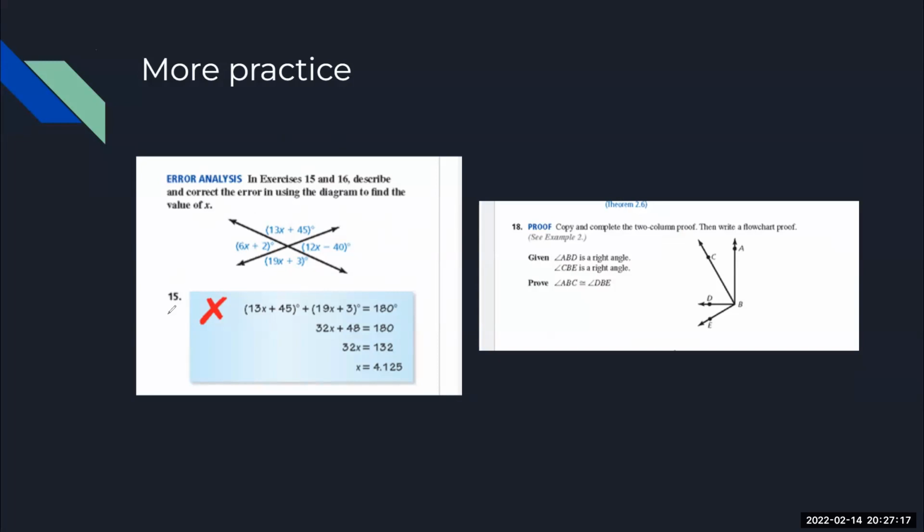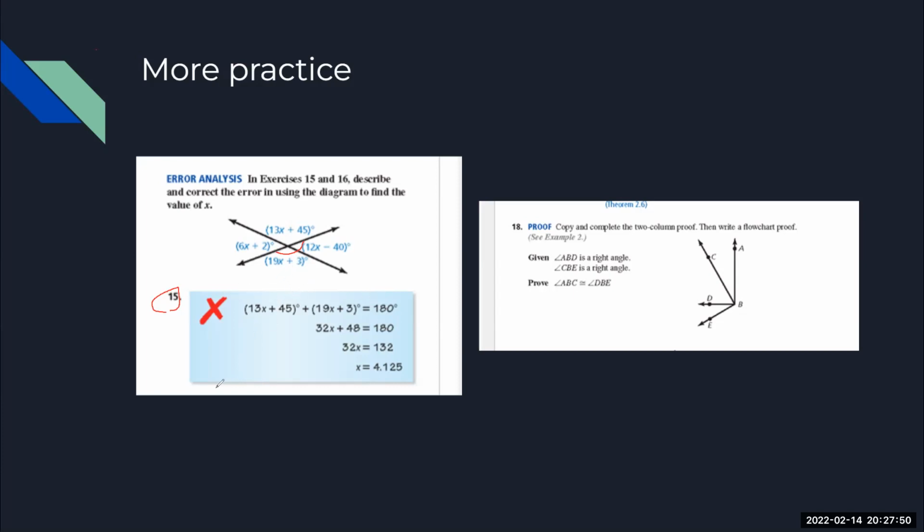All right, so in this case, this person got number 15 wrong because, as you know, you can either add these two angles together and get 180 degrees, or you can set the vertical angles equal to each other and find x.